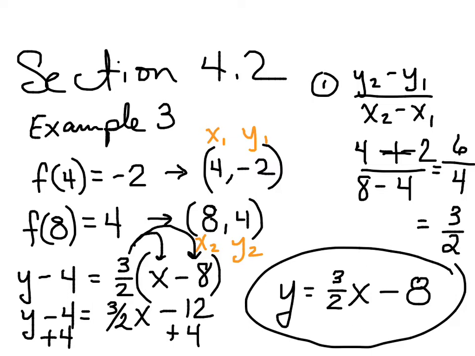All right, so the next one that I want to do, again, just to remind you how to do this one more time, I have (1, 4) and I have (3, 10). So we're going to come up with the equation. First thing you have to do, remember from yesterday, is find the slope.